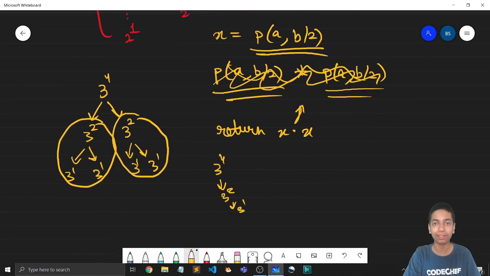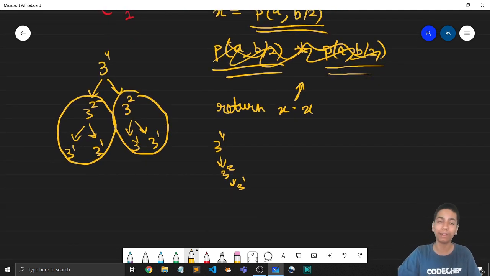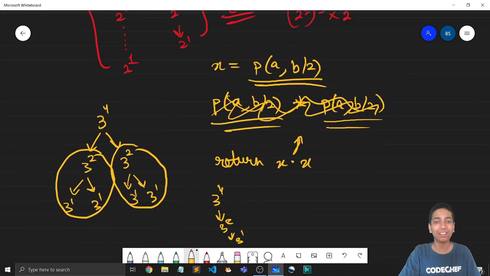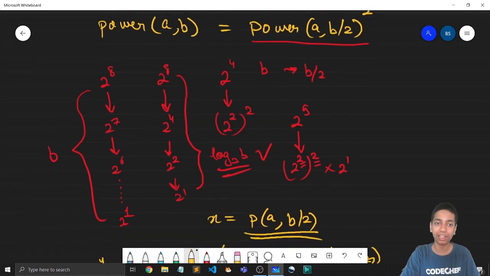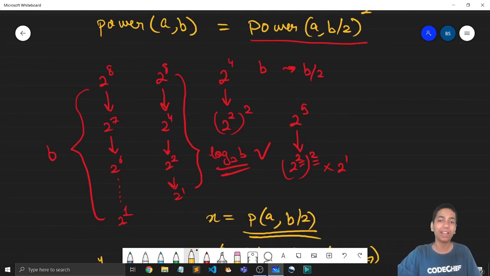So this is like the correct way to write it out. So I'm again leaving this as an exercise. If you still have any trouble in coding this out, you can definitely tell me in the comment section and I'll provide the code. So here we go, guys. We have this new recurrence relation, which is much more optimized, and here we have solved this problem, right?